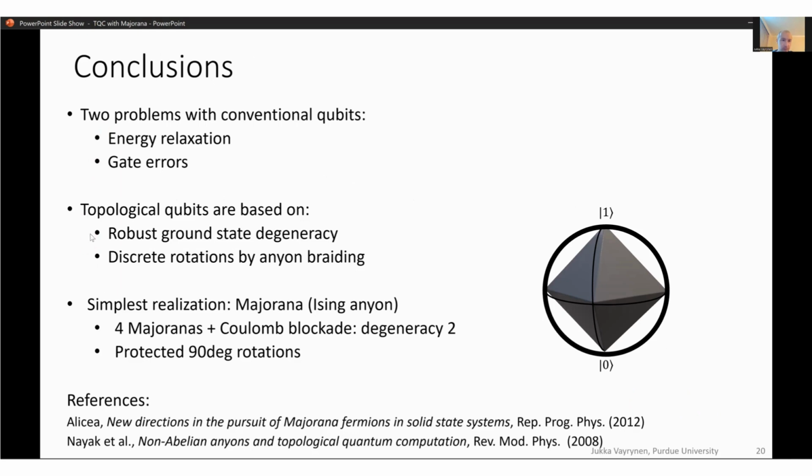And they overcome these issues by having ground state degeneracy and then a set of discrete rotations that one can do either by braiding or by measurement, as I showed in my example. So you do measurements, you don't actually move the Majoranas, and you can show this more generally, that by doing measurements you can do the same things that you can get with braiding.